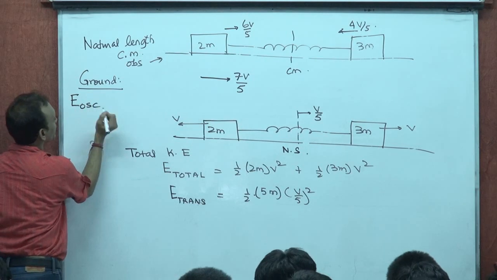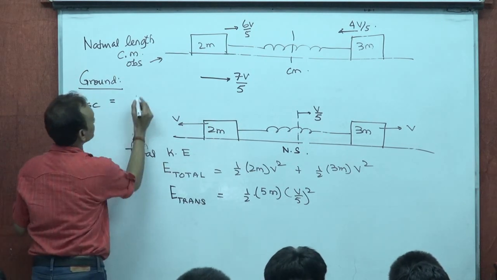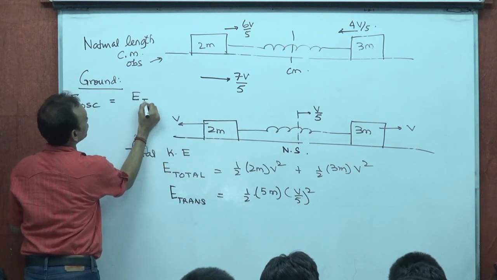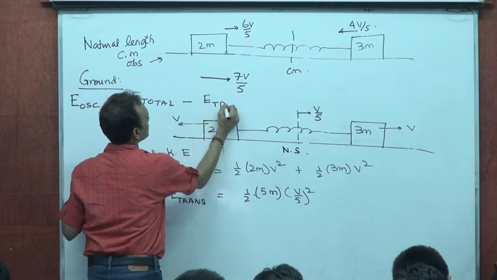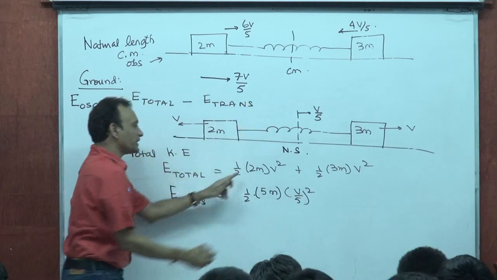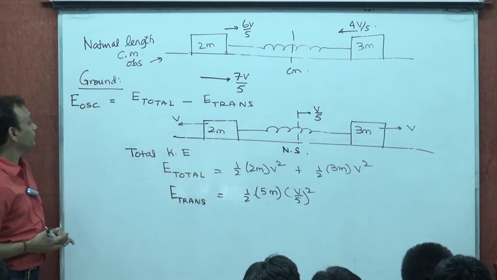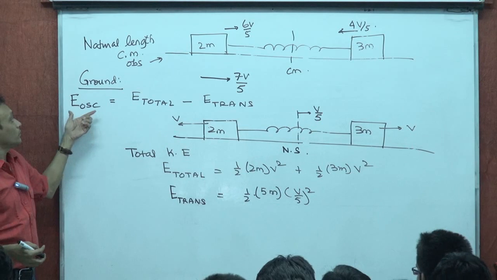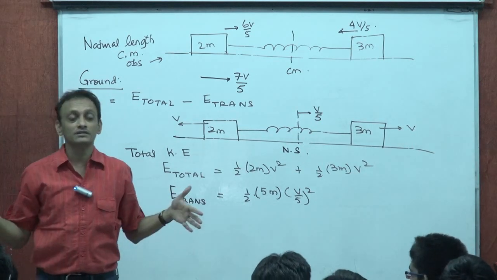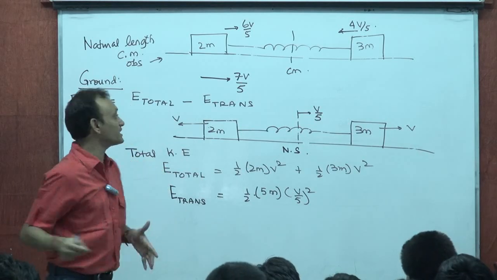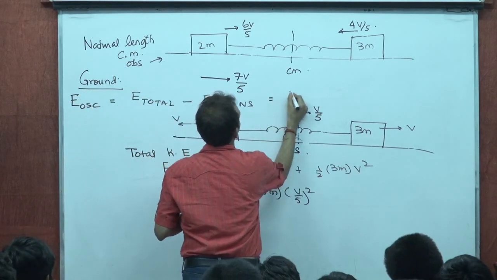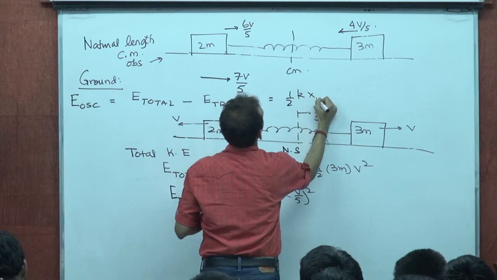Energy of oscillation is E total minus E translation, which you can calculate. And when the spring is in its maximum compressed state, this energy of oscillation would appear as half k x max squared.